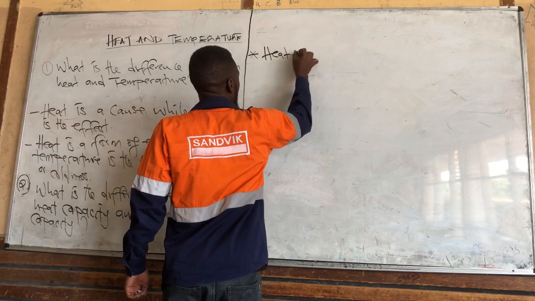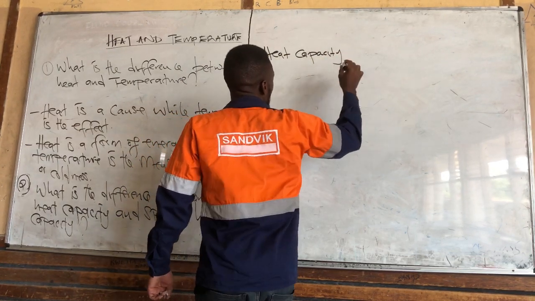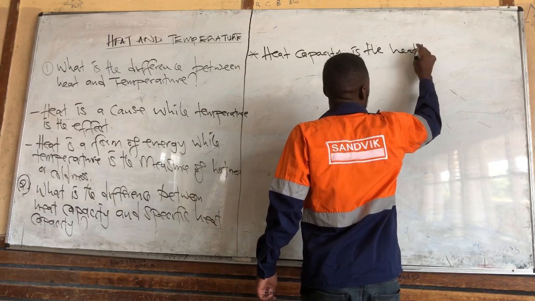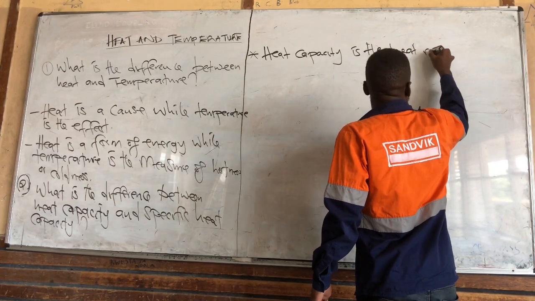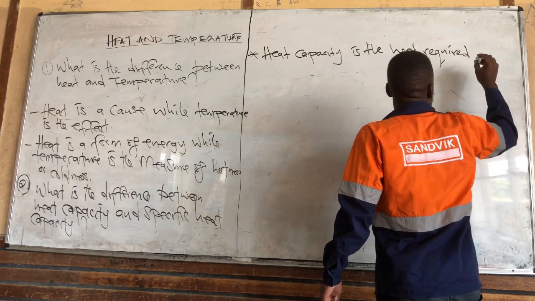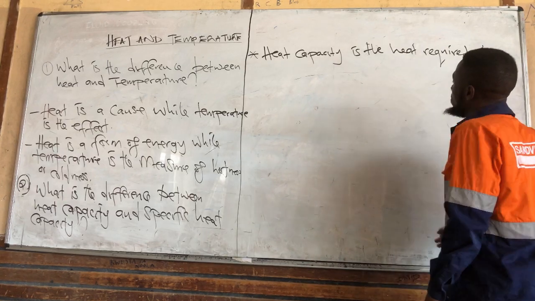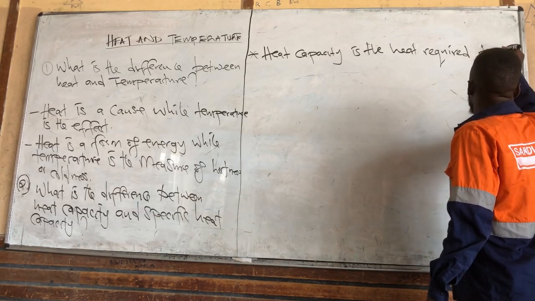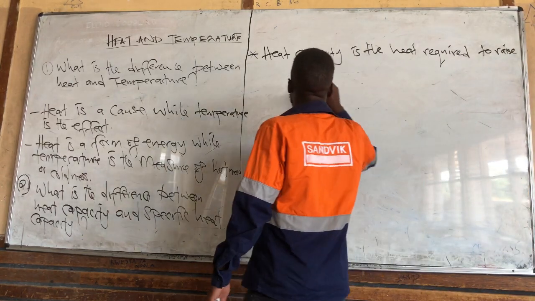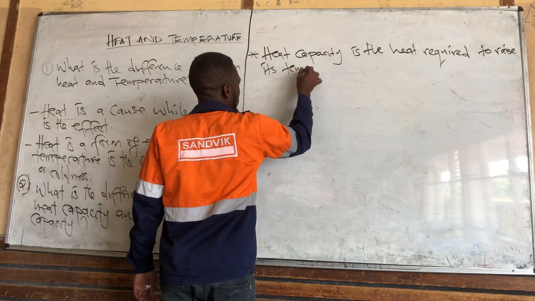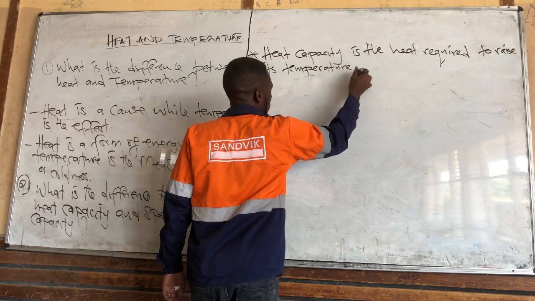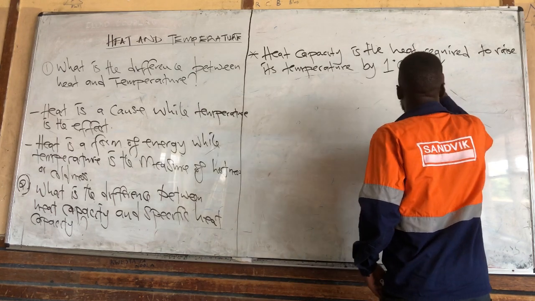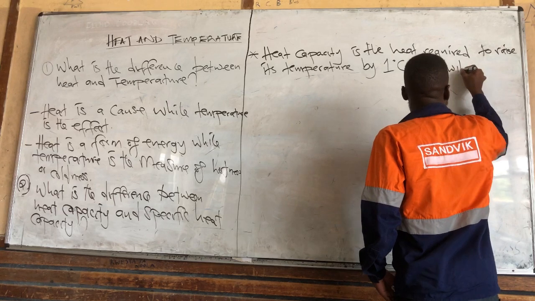Heat capacity is the heat required. Heat capacity of a body or substance is just the heat required to raise its temperature by, let's say, 1 degree Celsius or Kelvin without changing its state.